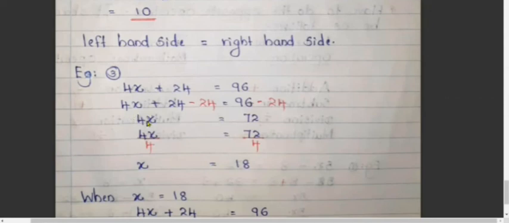What is remaining? 4x. 96 minus 24, 72. Then 4x. How do you omit this 4? Divide by 4. Then 72 also you have to divide by 4. Then what is remaining? X. 72 divided by 4 will be 18.